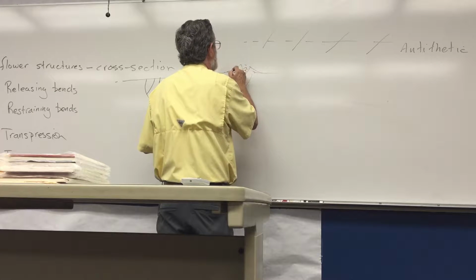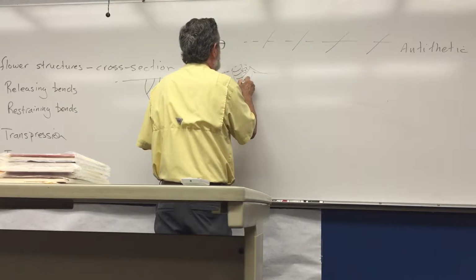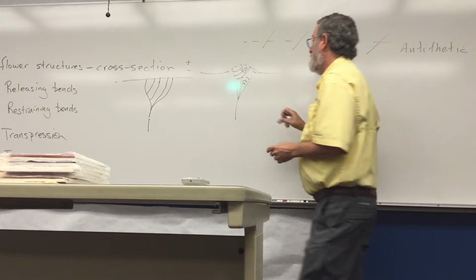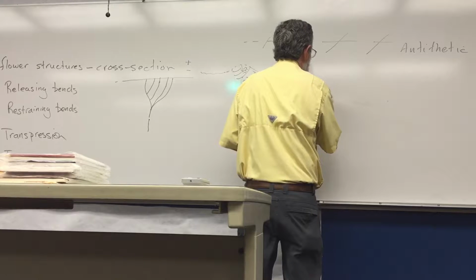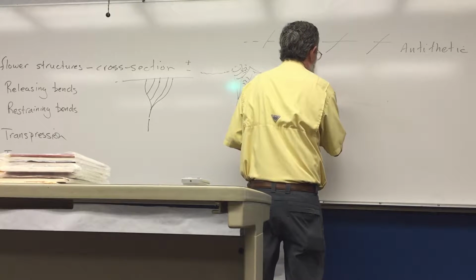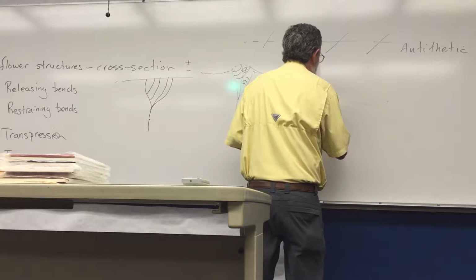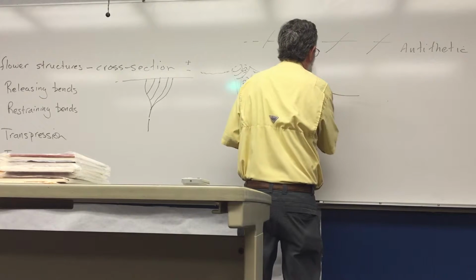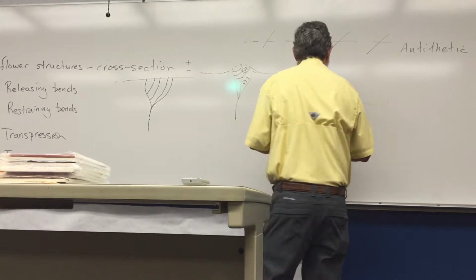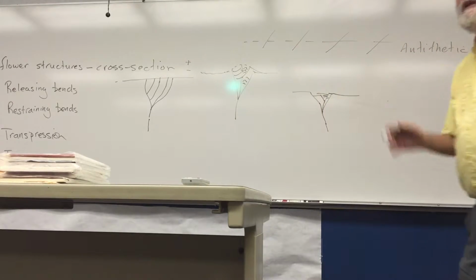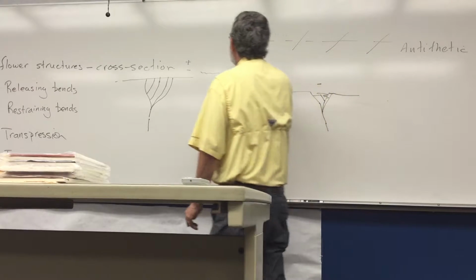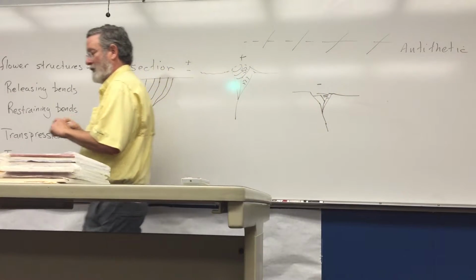This might be highly deformed, like so. So it's up in relief. If it is a negative flower structure, what we would look at is we would have what might appear to be a normal fault system that we're infilling locally, but it connects up to a strike slip. That would be a negative flower structure. So this is the negative, this would be a positive flower structure.